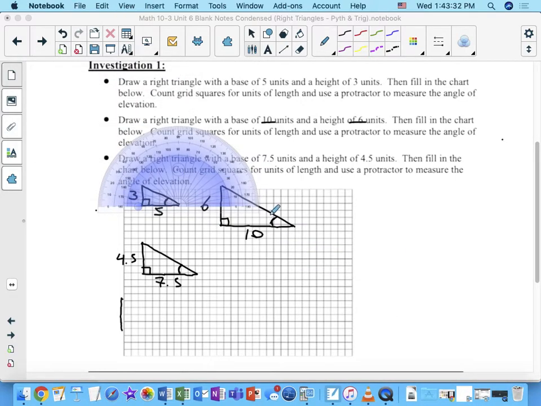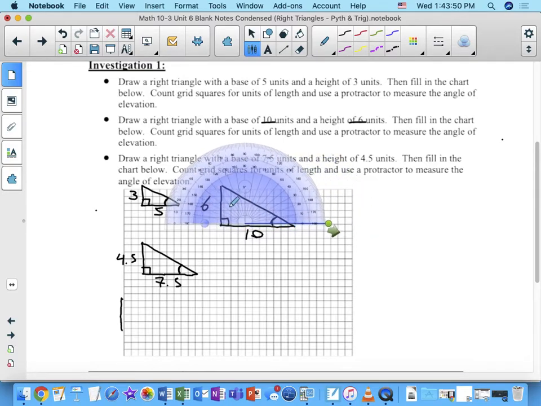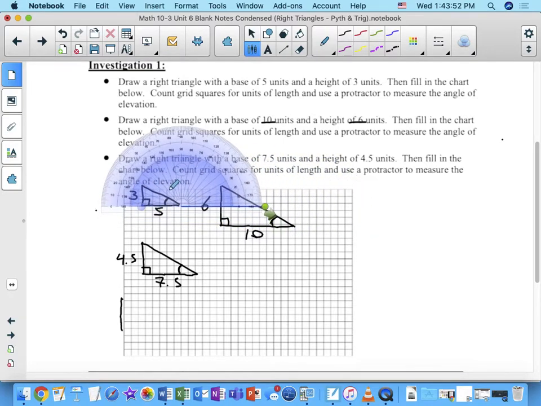What are we getting? What does this one look like to you over here? I didn't do the greatest job, but what does that look like? About 30. Yep, okay. What about this one? Roughly.